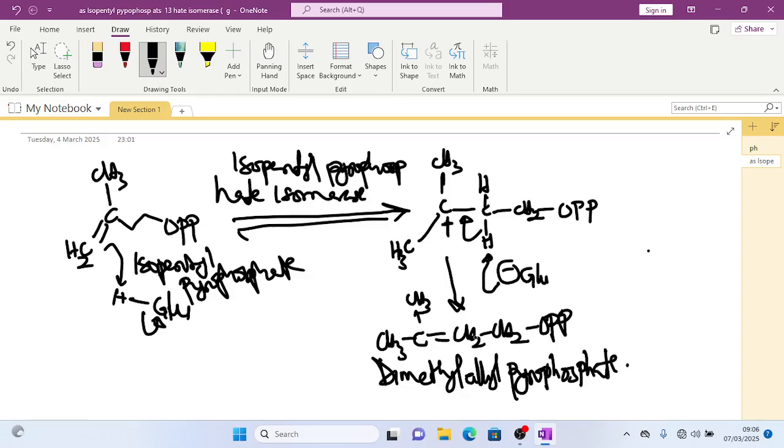Alright, now these two isoprenoids will be utilized in some form of elongation reaction to form squalene. And they are both 5 carbon compounds. So I would like to abbreviate this as IPP, while I abbreviate this as DMAPP.